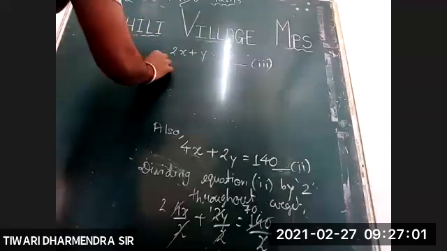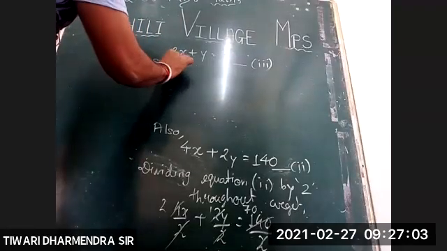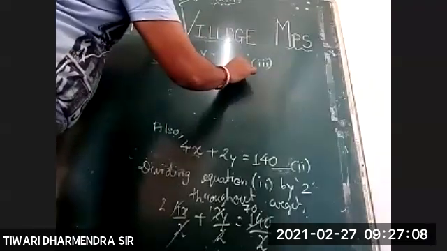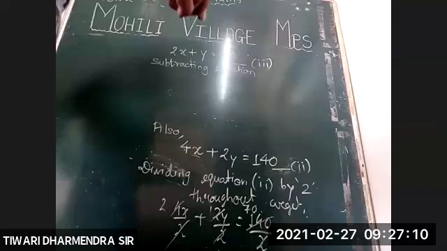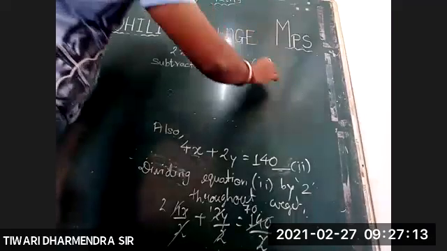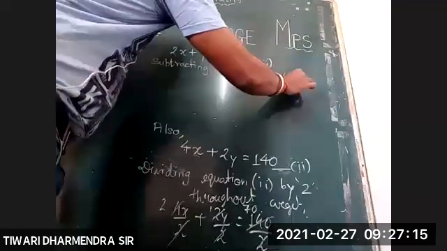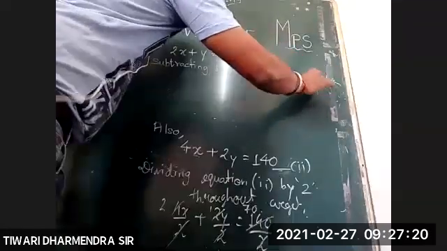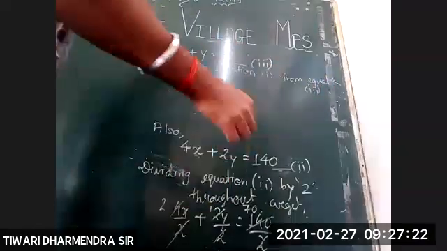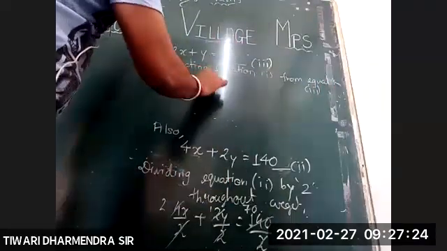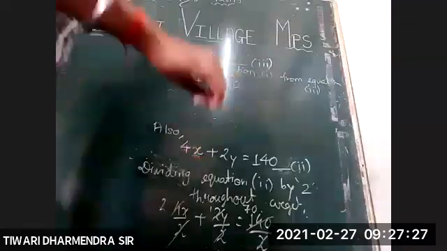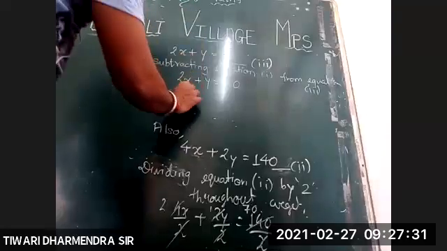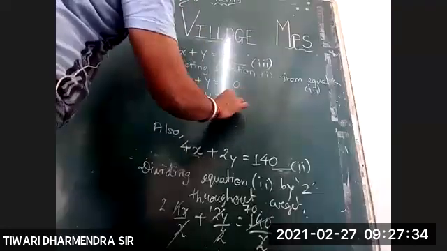Subtracting equation 1 from equation 3, from means equation 3 comes first: 2x plus y is equal to 70, and our first equation was x plus y is equal to 50.